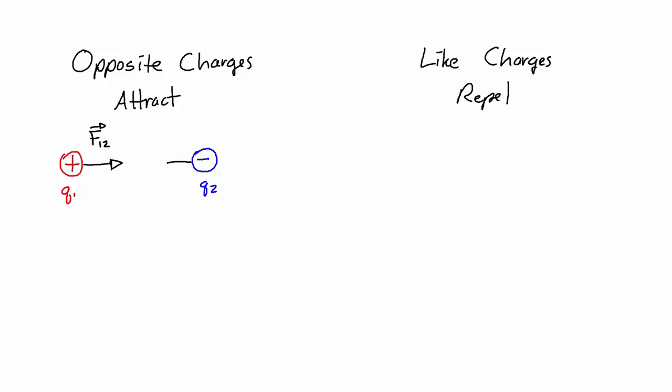These charges are opposite, positive and negative, and they attract. And there's an equal and opposite force on 2 exerted by 1 that pulls charge 2 to the left towards Q1. And these are an action-reaction pair, for those of you who like it when I insert comments on mechanics.